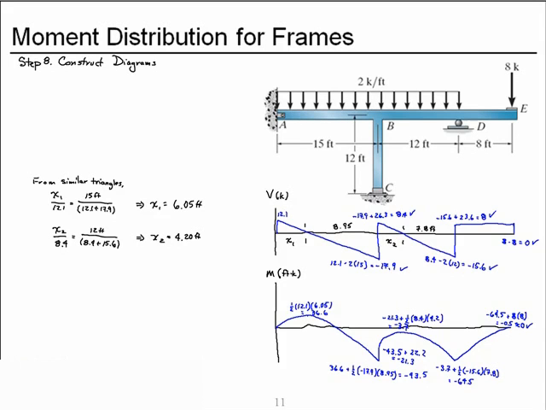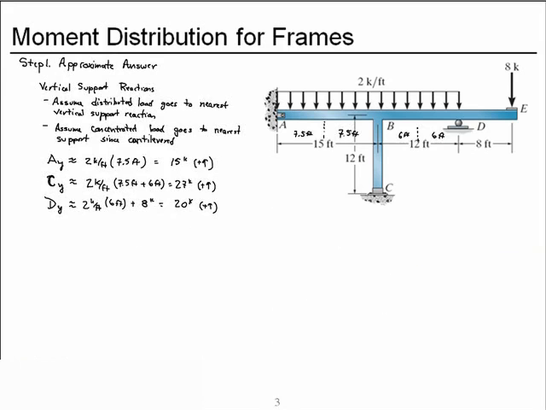Now let's go back and review the process we followed to construct this moment diagram. We started by approximating the vertical reactions, and we said that distributed load goes to the nearest vertical support, and that the applied load at the end of the cantilever would go to its nearest support.